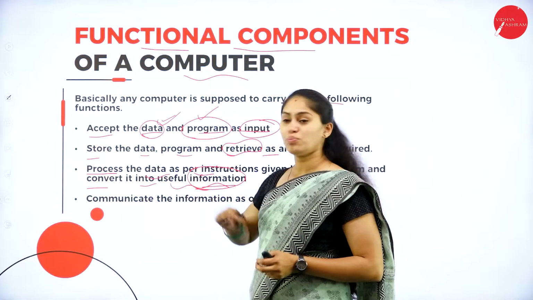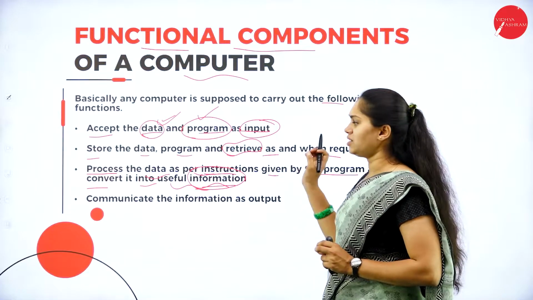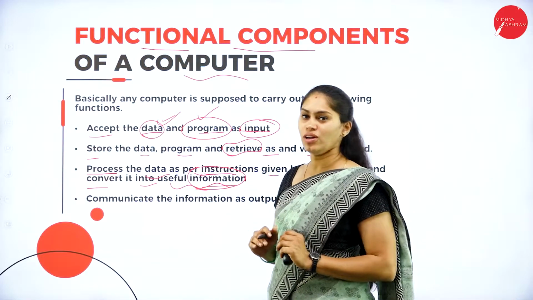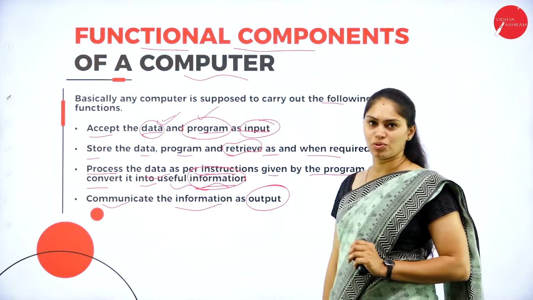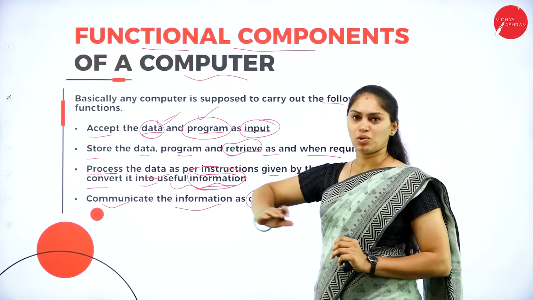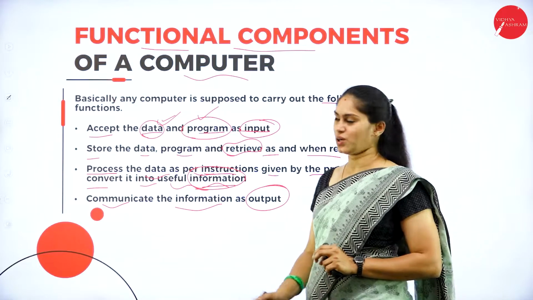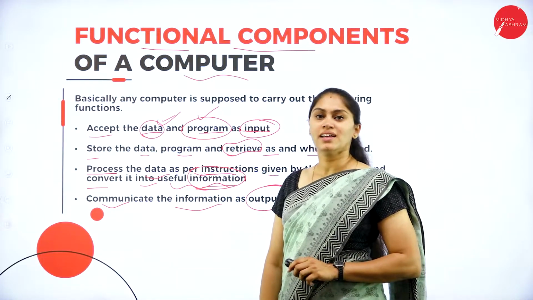After that, it has to process that data based on the instructions, and the data should be converted into information. Then communicate the information as output. So after the processing, it has to produce the result as the output. These are the different functionalities that will be done by the computer.